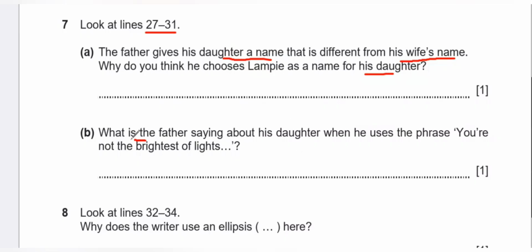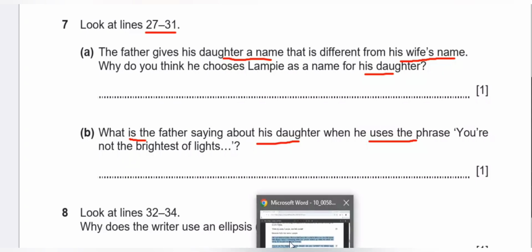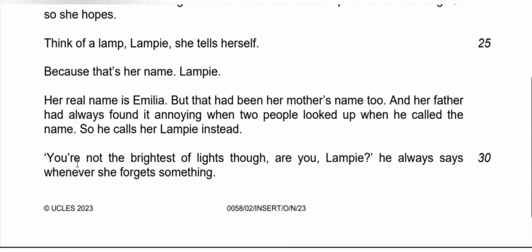So next question. What is the father saying about his daughter when he uses the phrase, "You are not the brightest of lights"? Oh my god, I don't think it means something good. When he said, "Yes, you are not the brightest light, though, are you, Limpy?" He always says it whenever she forgets something, which means he's like insulting her.